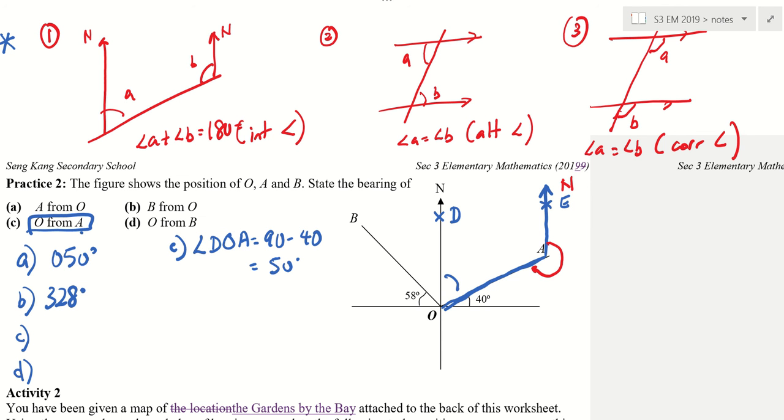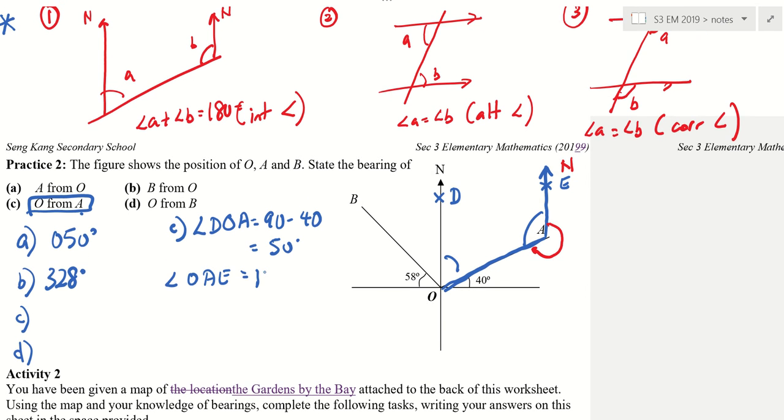Then next, I want to find this angle, right? So I'll write angle OAE equals to 180 minus 50 equals to 130. If you really want to write, then you write interior angle.